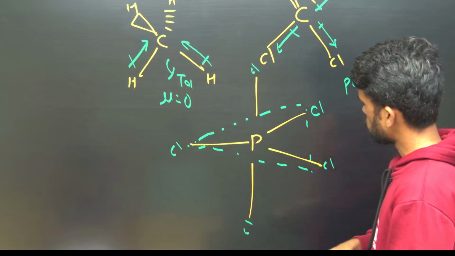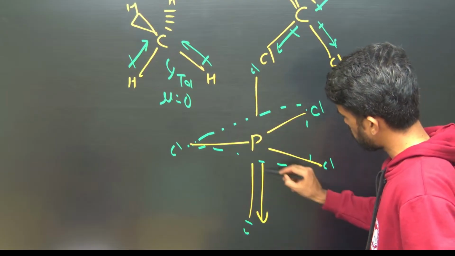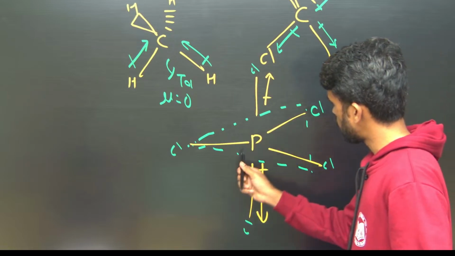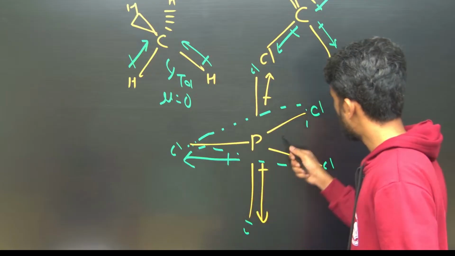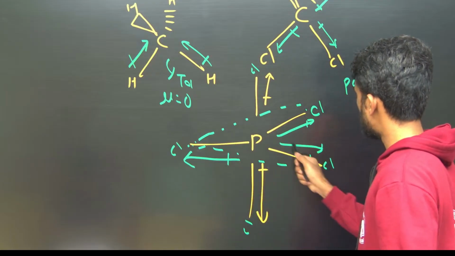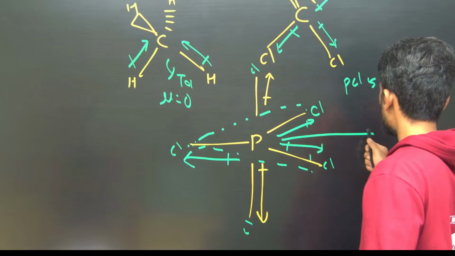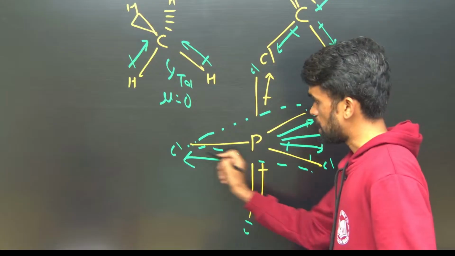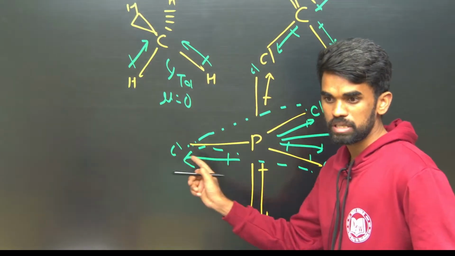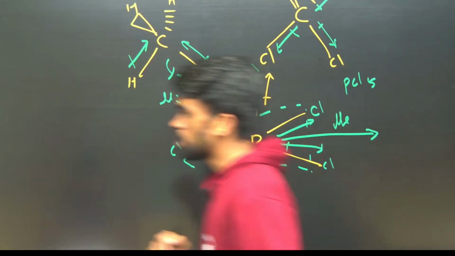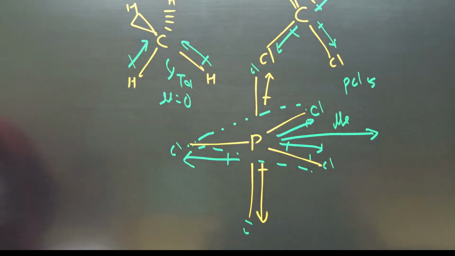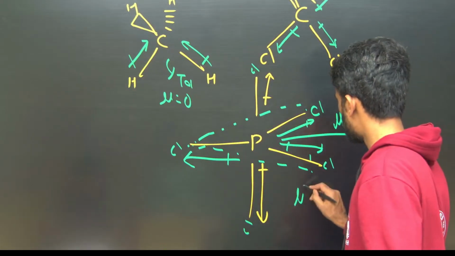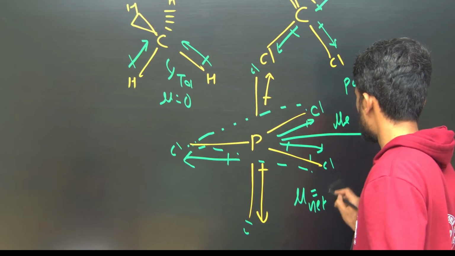The dipole moments between these two will be like this, and they cancel out each other. On this side the two mu's give a resultant on this side, which is exactly equal to the dipole seen in the opposite direction. Therefore they cancel out each other, making mu net 0 in this case also.